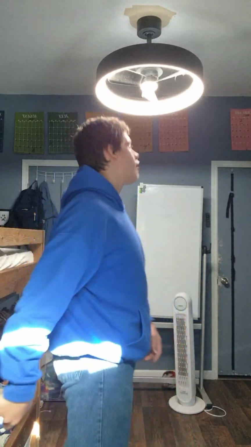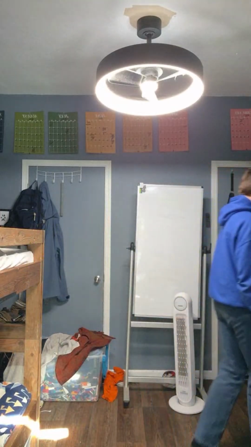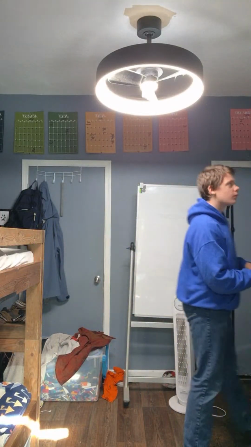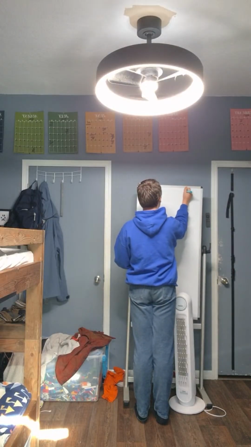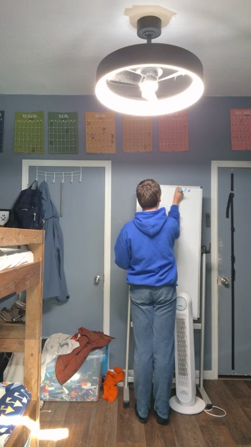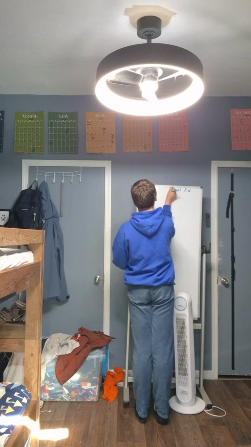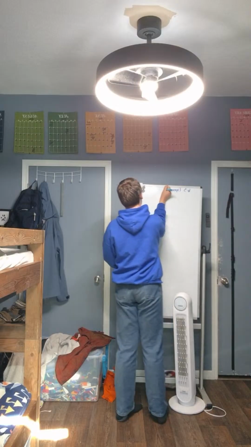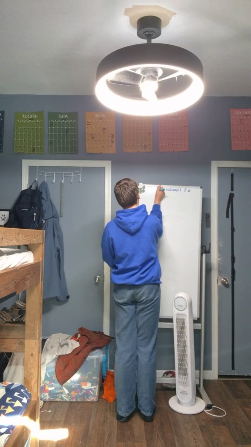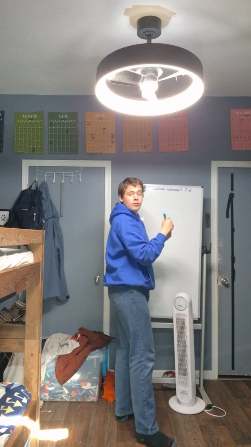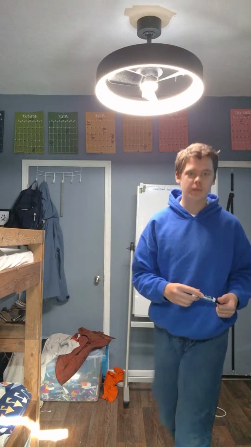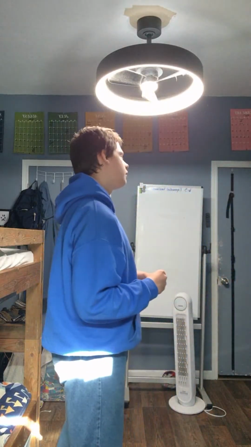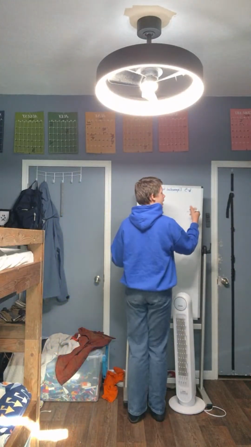Okay, let's go over. So, this is 6-3. Exponential functions. Okay. Are you all ready? Okay. So we're going to start us off with graph and properties.